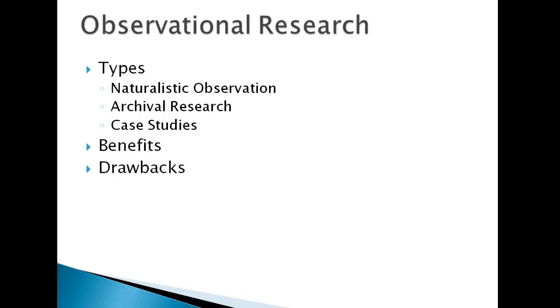And then finally, with a case study, usually the typical case study would be one person. It could be possibly two or three people, but a very small sample size. And a case study looks at a particular issue, a particular person perhaps, in depth. So the classic example of a case study is Phineas Gage.